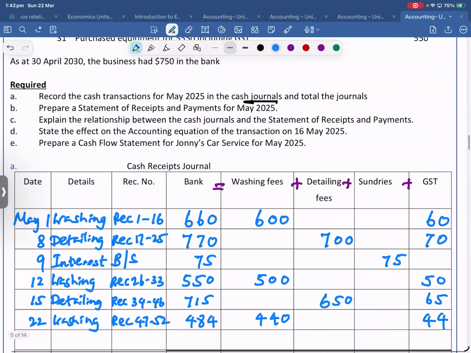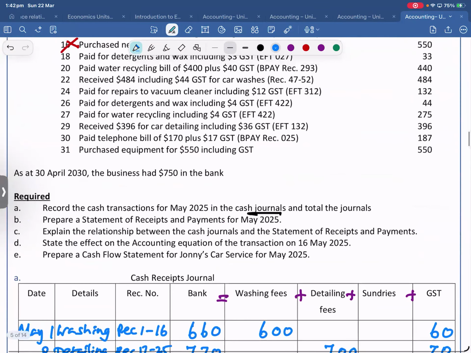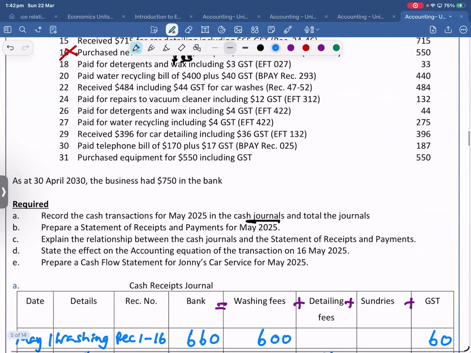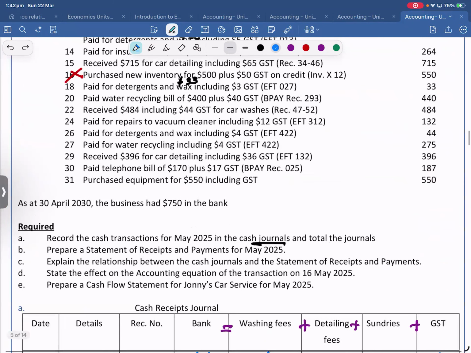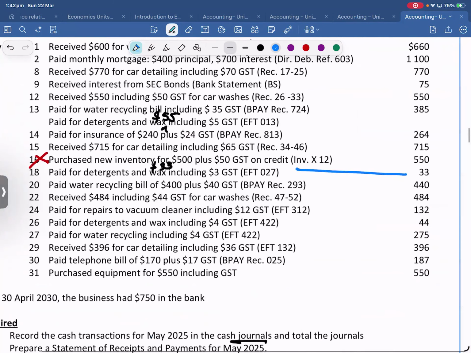Right. Next one, 26 detergent and wax. Again the same thing. How much? 40? 44. Yes. 44. Okay. Right. Even this one we wouldn't have written 33 here.